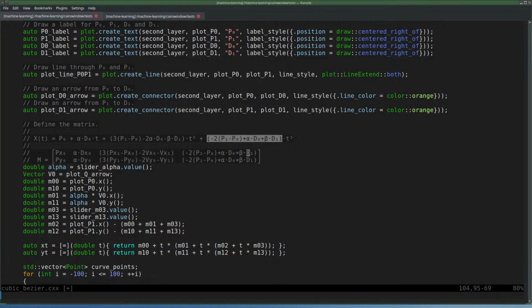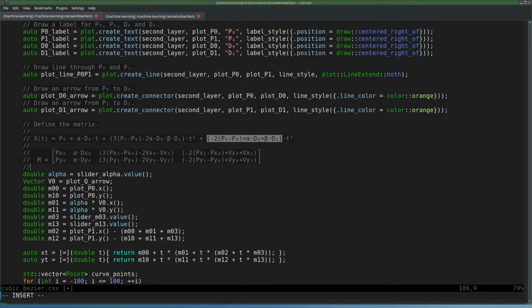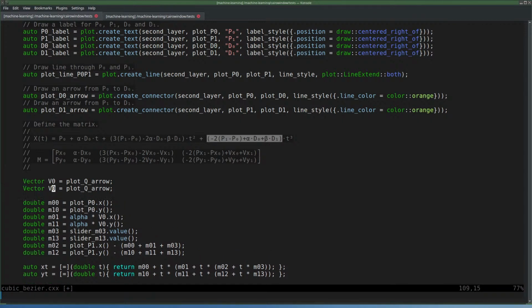And the t to the power 3 thingy. Right. Well, then we need, of course, the v0 and the v1 vector, which is literally, I mean, already a connector, so why not use it?